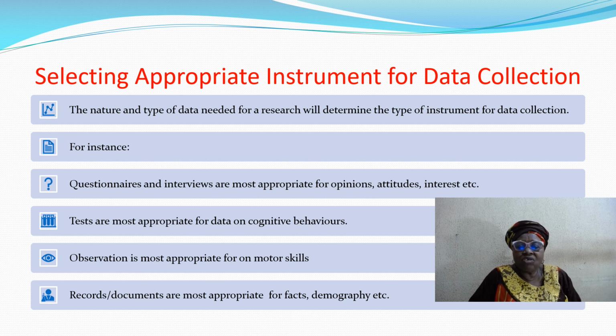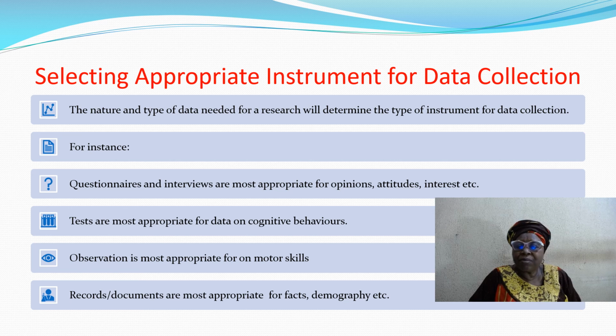Selecting an appropriate instrument for data collection. The nature and type of data needed for a research will determine the type of instrument for data collection. For instance, questionnaires and interviews are most appropriate for opinions, attitudes, interests, and similar issues. Affective behavior.